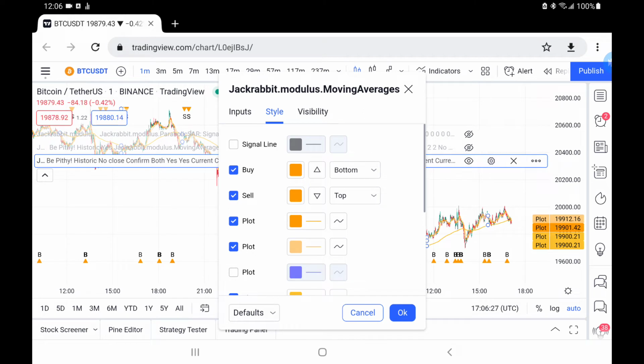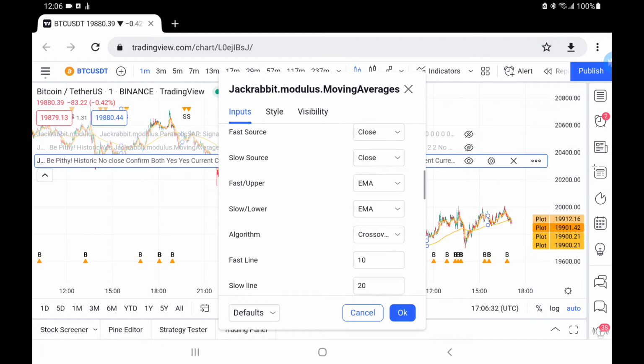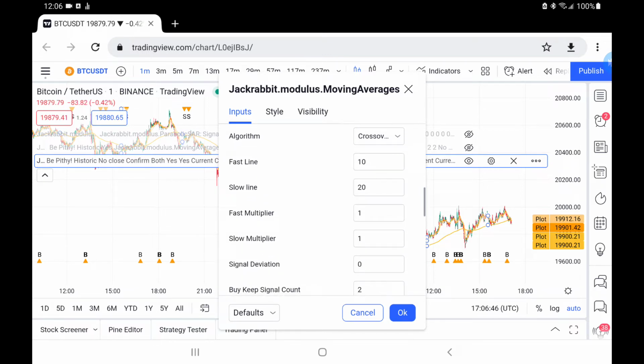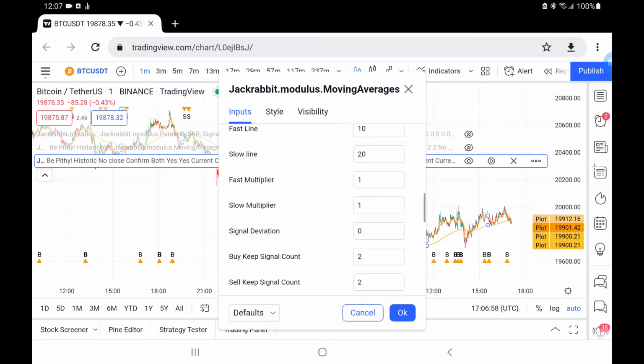So let's go look at these settings. You'll find that they're really very simple. This isn't even a split channel moving average. It's a very simple process. Fast line is 10 candles, slow line is 20 candles. Now the thing that really sticks out is I'm keeping the candle count for two different candles.